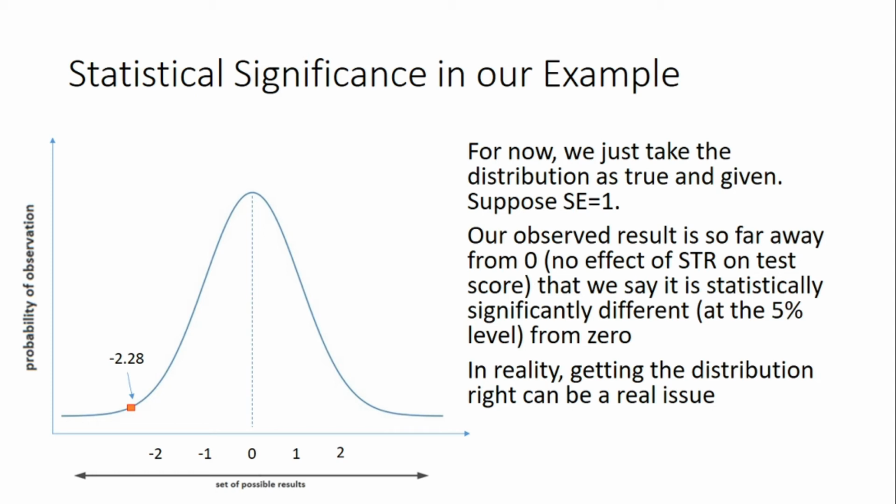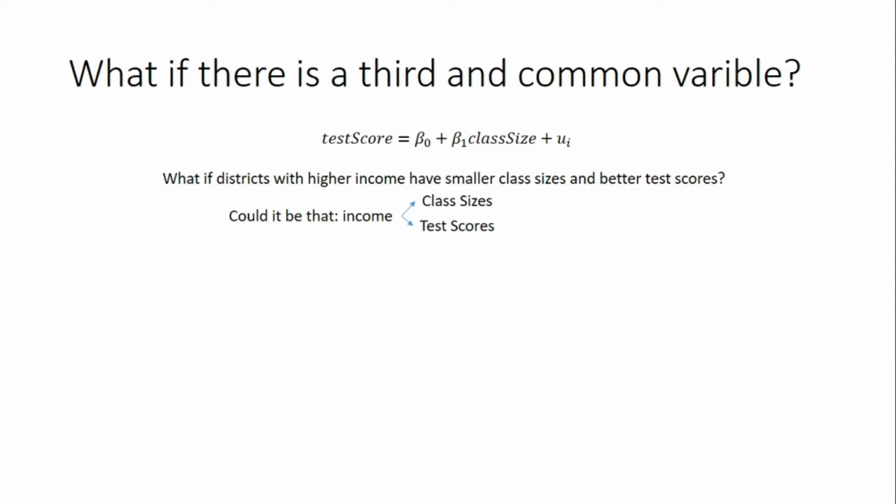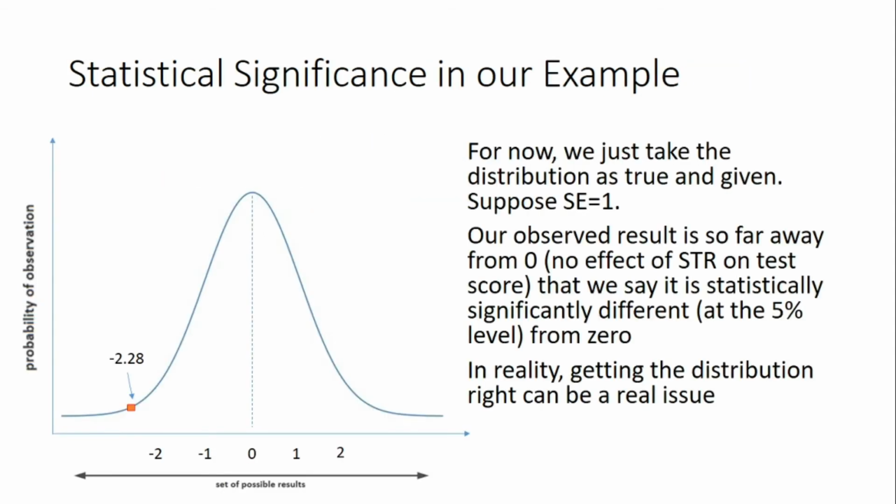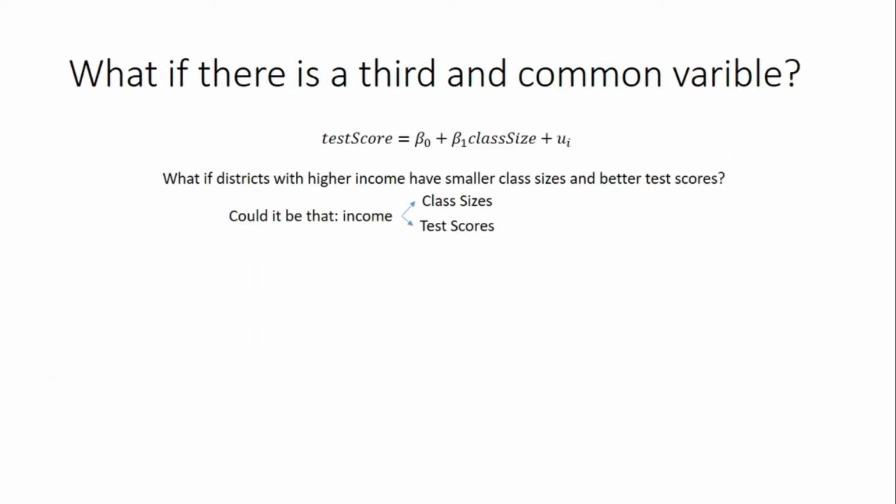Okay. So now we're assuming that we have statistical significance, and we can reject the null hypothesis that there is a 0 effect of class size on the test score. A bigger concern for our analysis is perhaps there may be other variables that determine both class size and the test score.